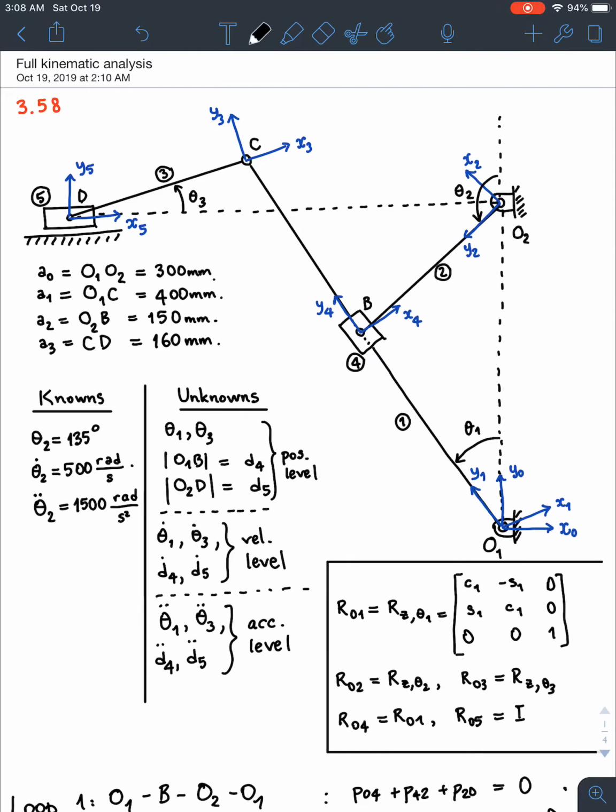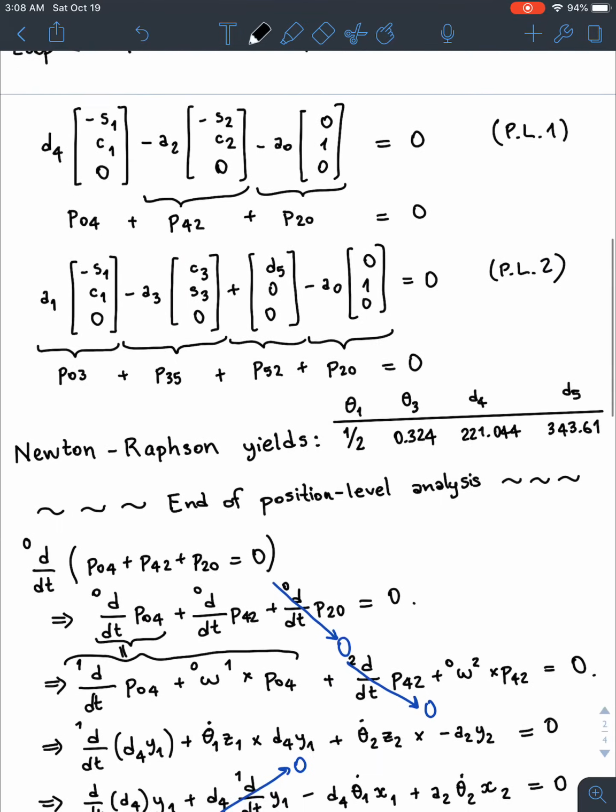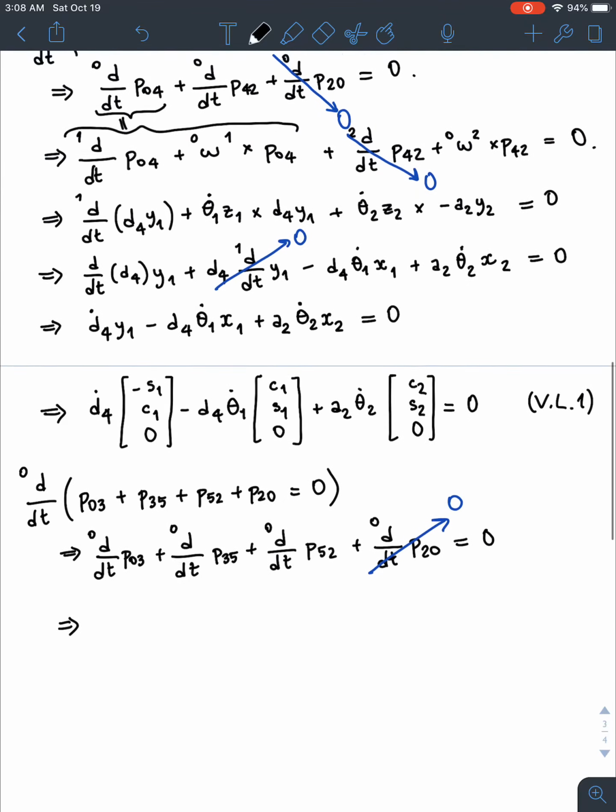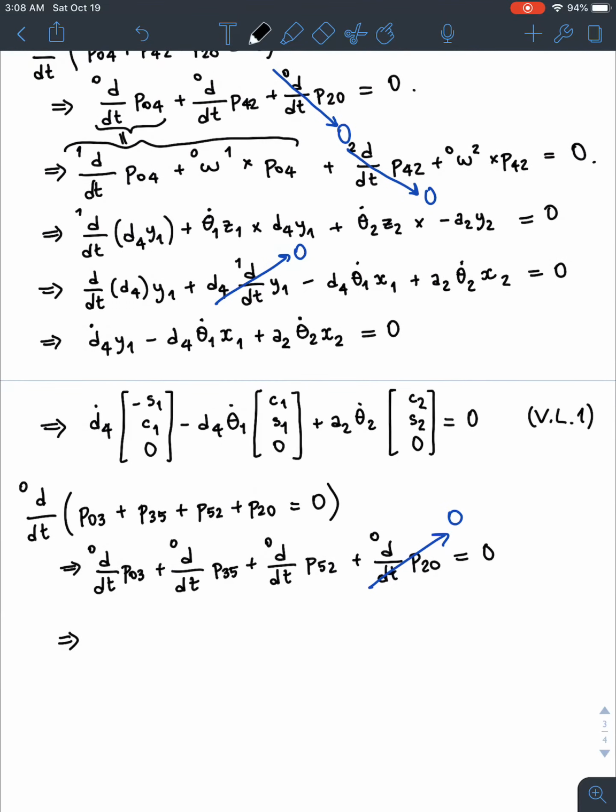It's literally going from, if you look at the figure, the center of the first revolute joint to the center of the other revolute joint, which are fixed to the Earth. So that vector is fixed to the Earth, which means that the derivative of that in the world frame, or in the Earth frame, is equal to 0. Okay.